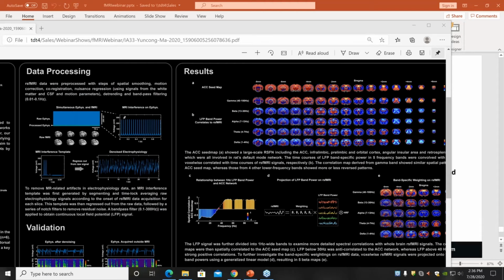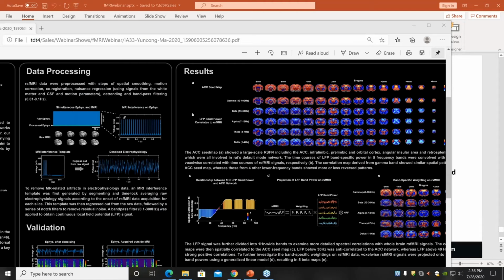It shows that the gamma band is positively correlated to the resting state fMRI, and the other 4 bands show negative correlation, which has also been reported in previous literature.